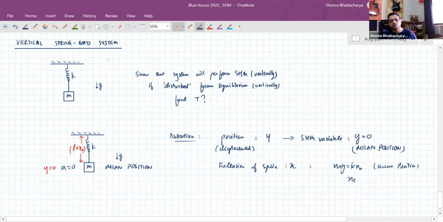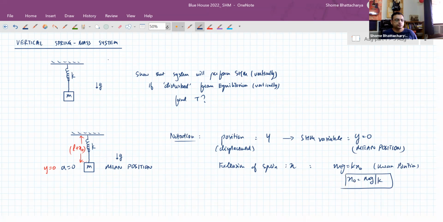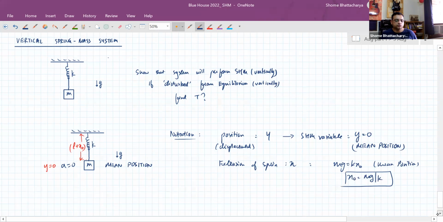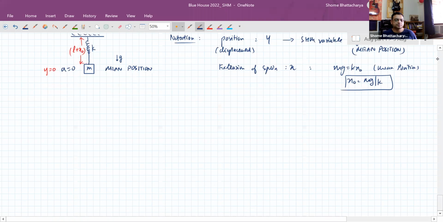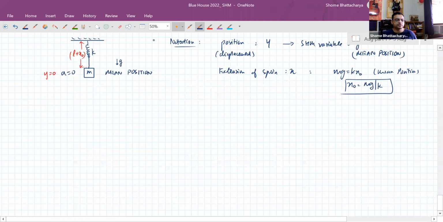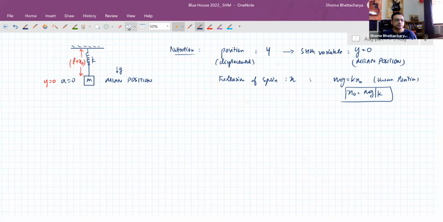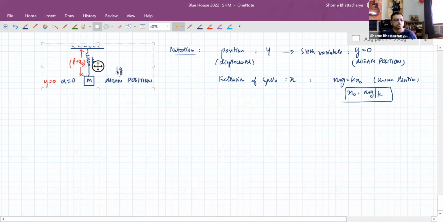So x0 is equal to mg by k. Now from this position, if we take it to a vertical displacement, then we should be able to prove that whichever direction we take the vertical displacement in, it is going to give us an SHM. Just going to draw that like this.